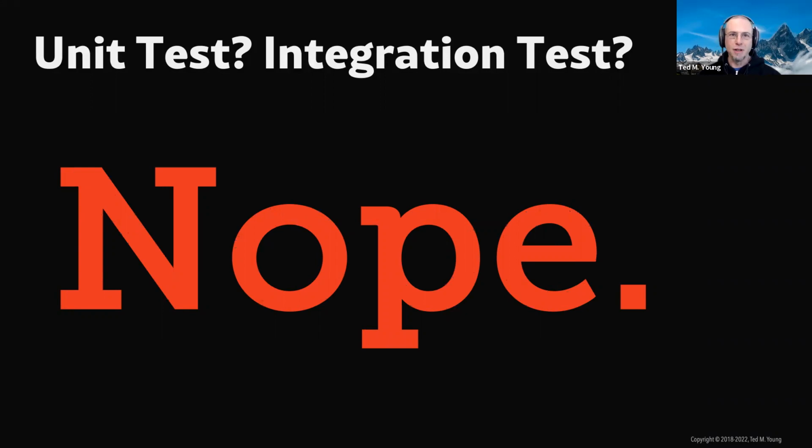If they ever were, maybe they were. The reason is I don't care whether it's unit or integration. What does that mean? What I care about is how easy they are to write and how fast they run, and all those other attributes that I just mentioned. I'll talk about what I've replaced that with in a second.